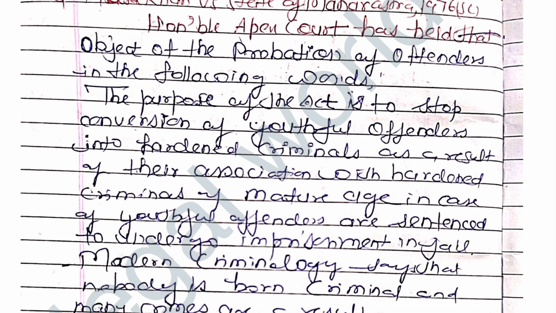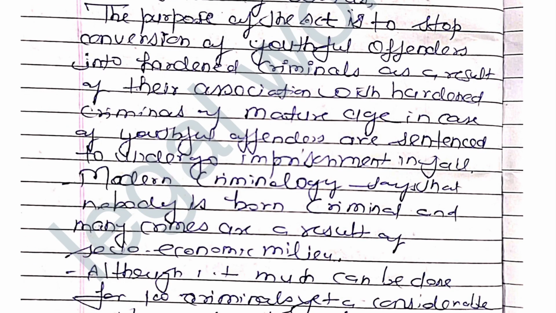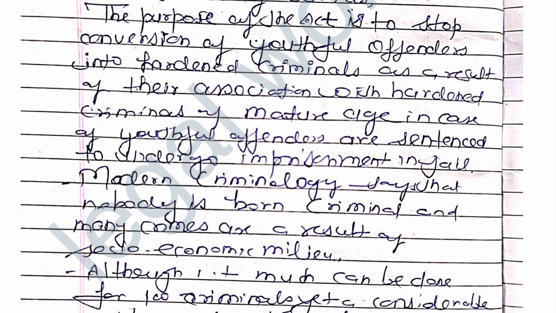In the case of youthful offenders who are sentenced to undergo imprisonment in jail, modern criminology says that nobody is born a criminal and many crimes are the result of socio-economic milieu.